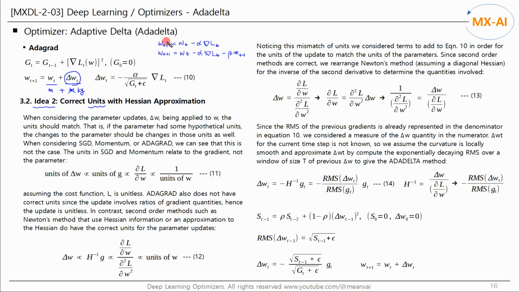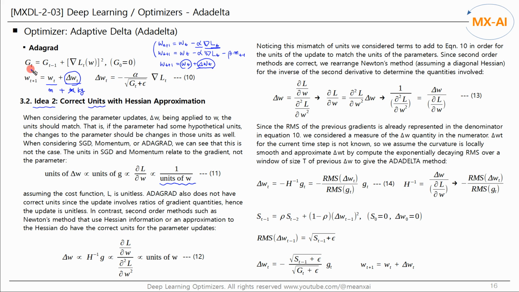For SGD or momentum, the formula for updating parameters is like this. Assuming that the loss function L and the learning rate alpha are unitless, the units of delta W are the units of the gradient of L, which is the reciprocal of the units of W. The units of W and delta W do not match.